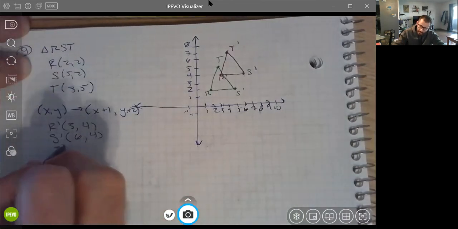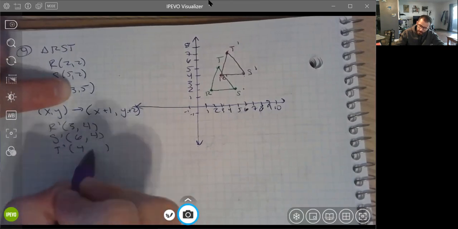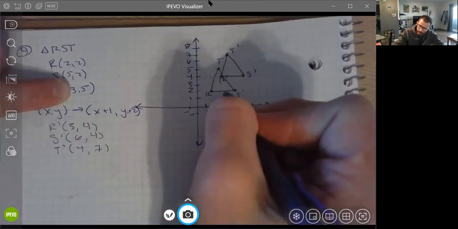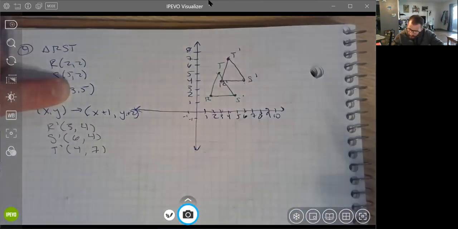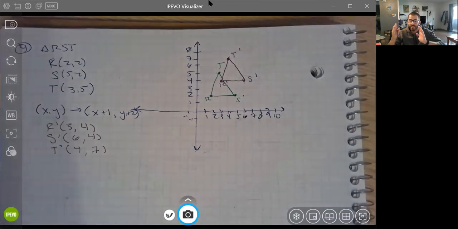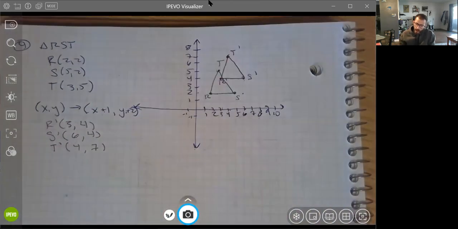And last one, T prime. 3 plus 1 is 4. 5 plus 2 is 7. Is that what it turned out to be? 4, 7. Oh, I was wrong. Not an isosceles triangle. I'm sitting at a very weird angle to my notebook. So yeah, anyway, I'm perceiving it differently, not an isosceles triangle. I can check by the numbers.